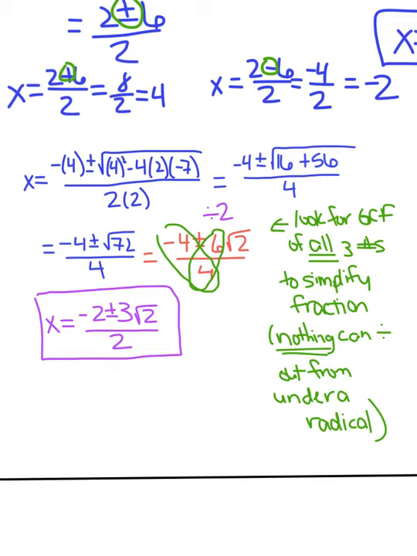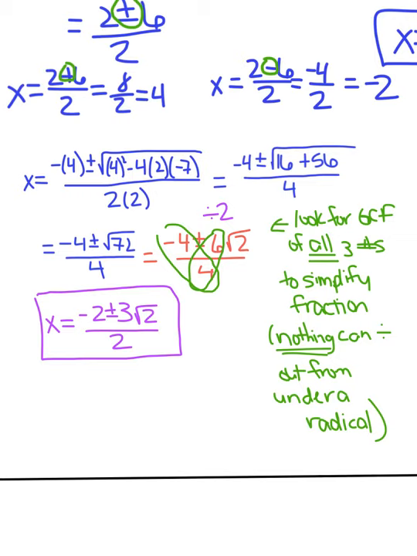We can't, unless we put it in a calculator. If you put it in a calculator, then we can get a decimal approximation for this answer. We're not going to find decimal approximations today. We'll do decimal approximations next week. For now, I want you to focus on giving me the exact answer, which has the radical. So the answer to this problem is x equals -2 plus or minus 3 rad 2, all divided by 2.